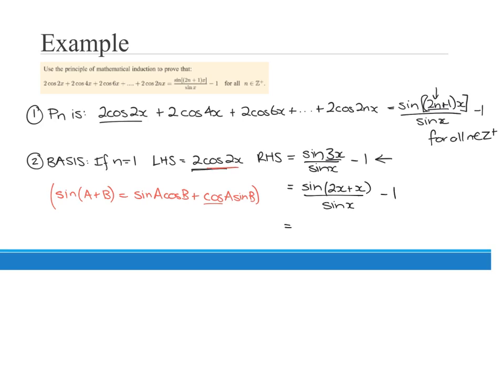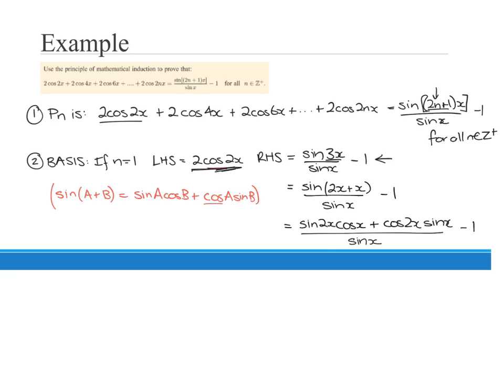At the moment we don't have a cos at all. So if we do that, what are we going to get? Sine 2x cos x plus cos 2x sine x, over sine x minus 1.